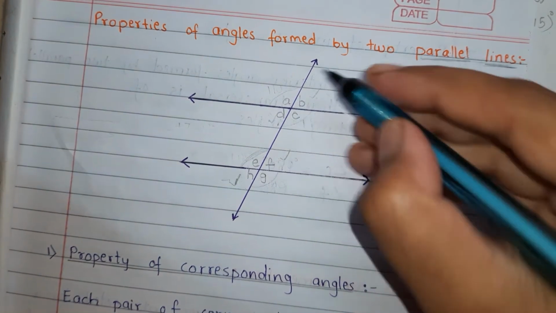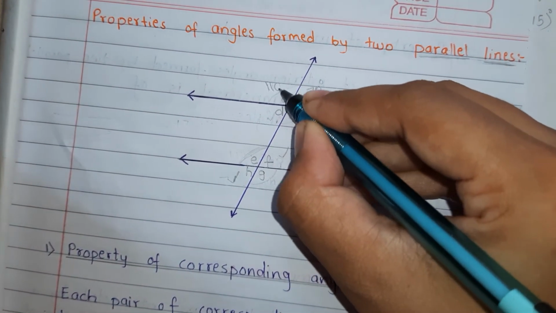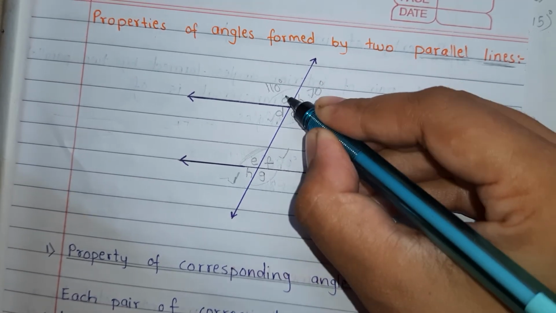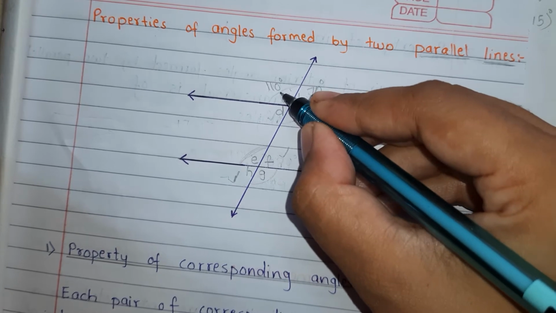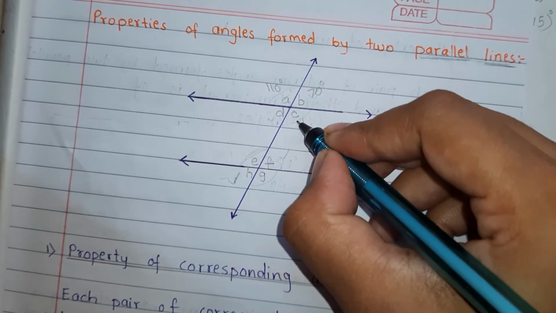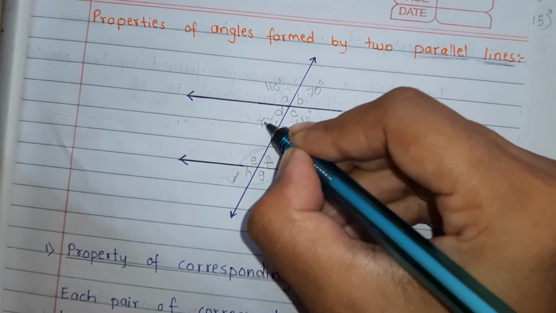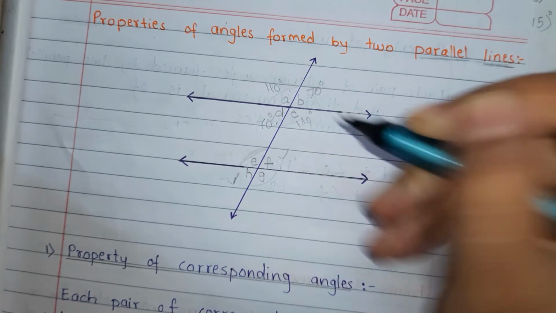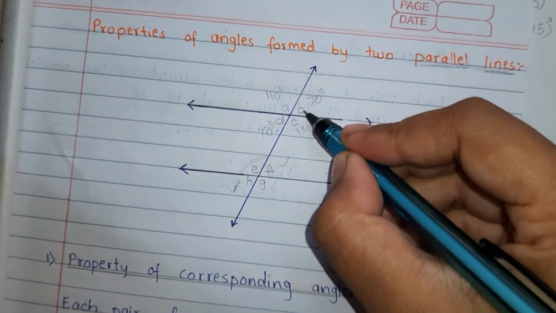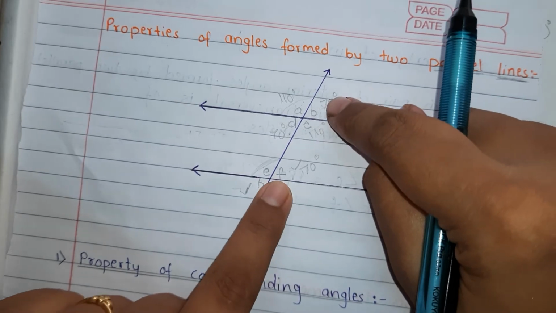So suppose if this is 70 degree, then this will be 110 degree because addition should be 180. Now this 110, this also 110. This 70, this also 70. Vertically opposite. Now this 70, this also 70, corresponding.